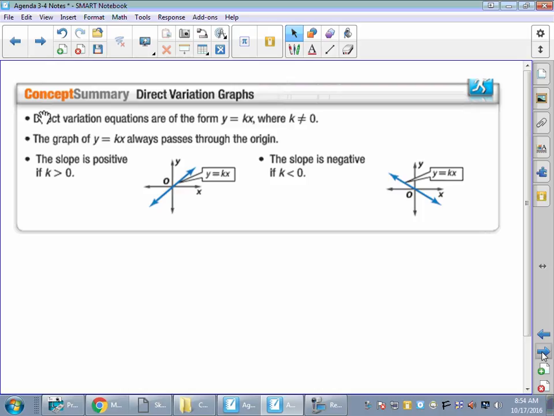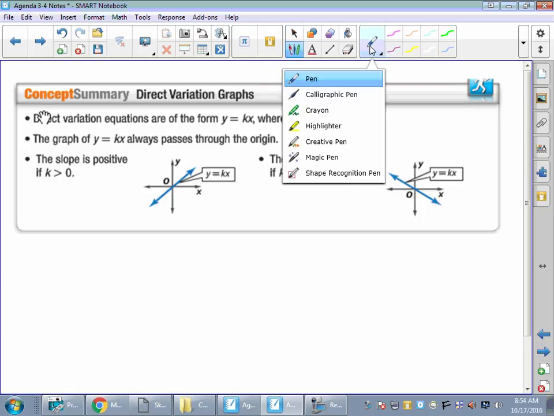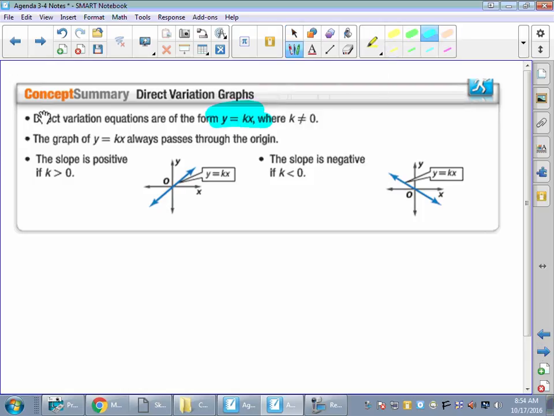We're going to skip number 4. I'm not sure there's a whole lot that we need to talk about here. Direct variation equations are of the form y equals kx. k is not allowed to be equal to 0. So that's kind of an important thing. If it were 0, we would have a 0 slope, and then it doesn't really work. It always passes through the origin, and the ordered pair for the origin is (0, 0).